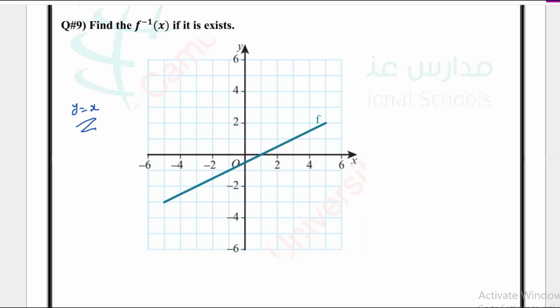And remember, the points of the reflection line are (x1, y1), like these points: (-1, -1), (-2, -2), (-3, -3) here. So this line represents a reflection line, or we can say a mirror line, which will help us to find the new inverse function.